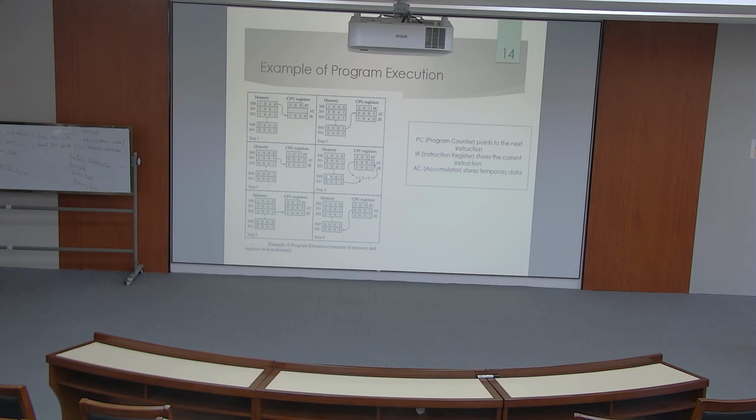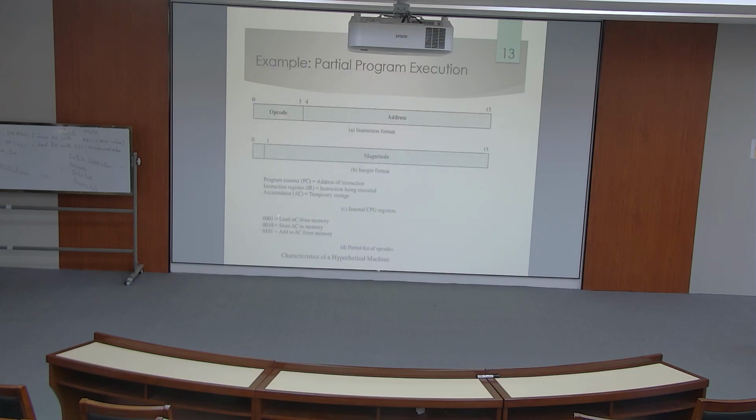Now, here, if you look at the first 4 bits of the content in memory location 300, it is a load, because it's 1 here. 1 here means load accumulator from the memory.